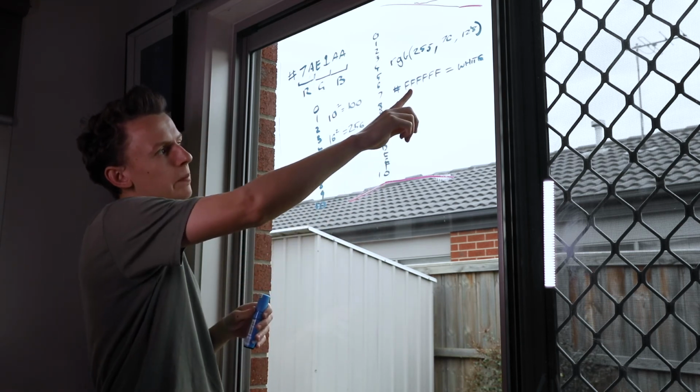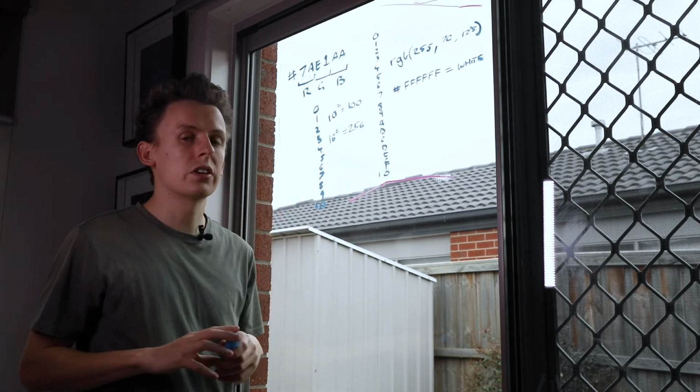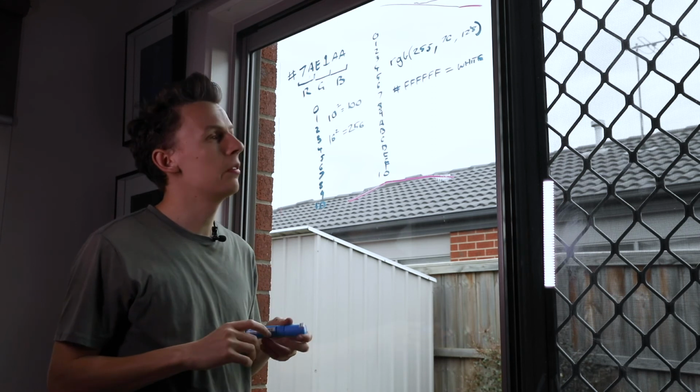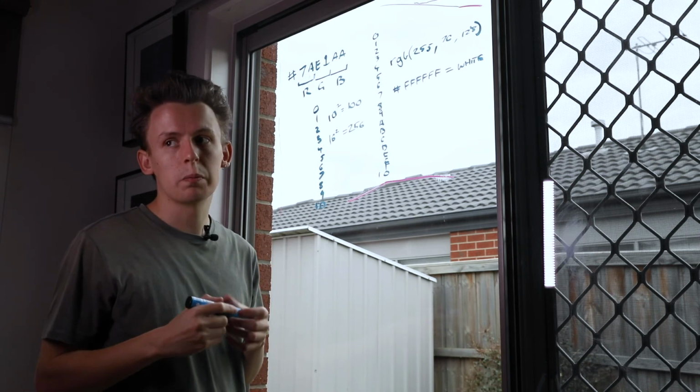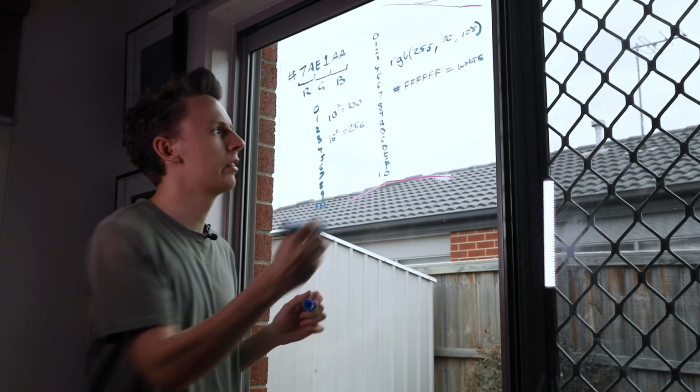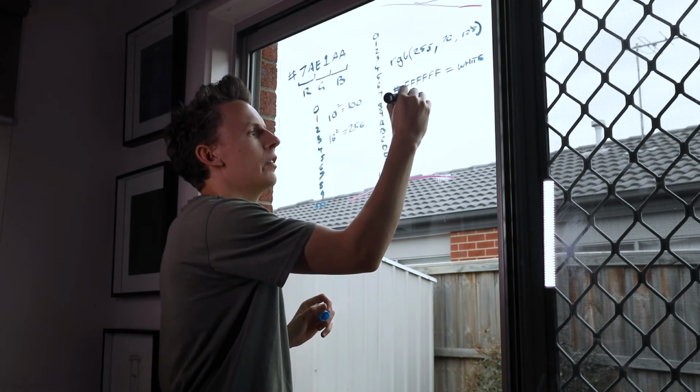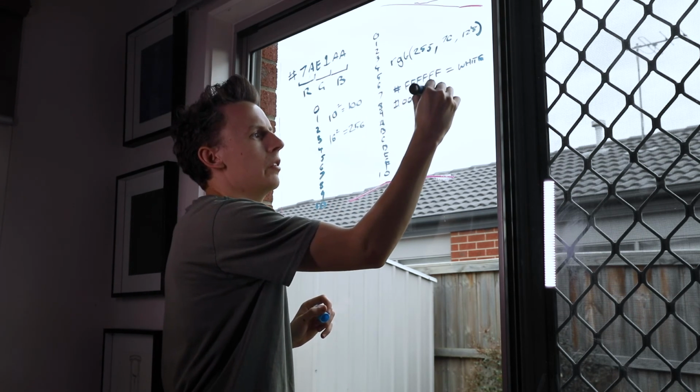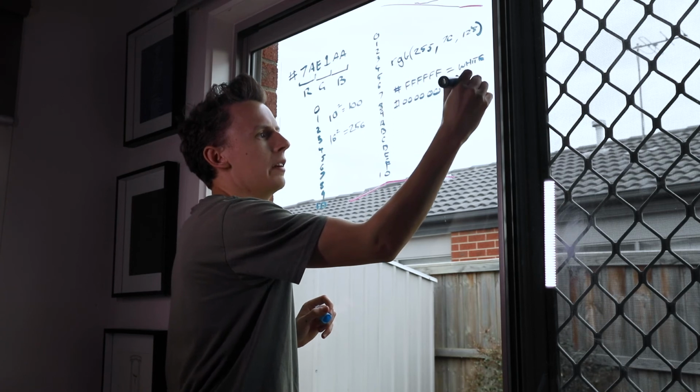If you have the same number in all 3 of these channels, it's going to be a shade of grey, and if you have 0 in all of these channels, it's the complete absence of light, which is black. So that's why 000000 is equal to black.